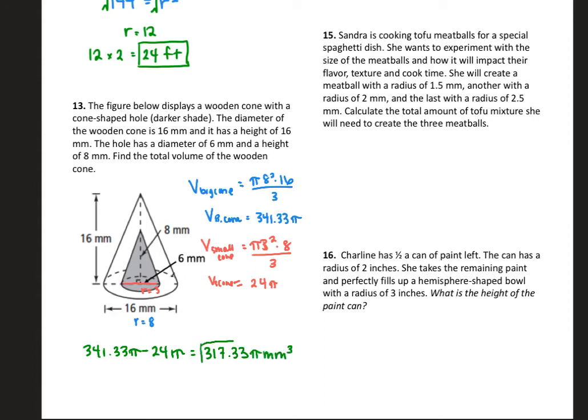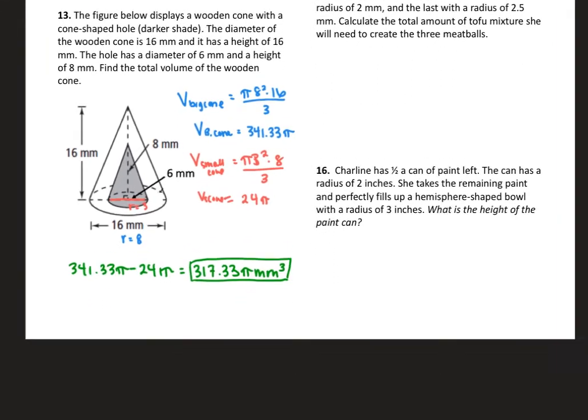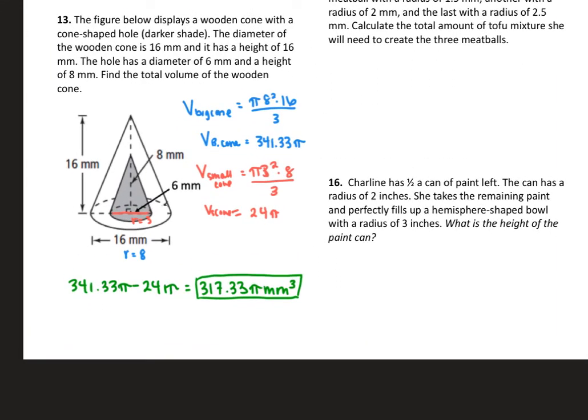So I left these both in terms of pi because both parts of the shape involved a circular shape, which is why we can leave it in terms of pi, but we do need to get our approximate answer. So we're going to do 317.33 times 3.14, which gives us about 996.42 millimeters cubed.